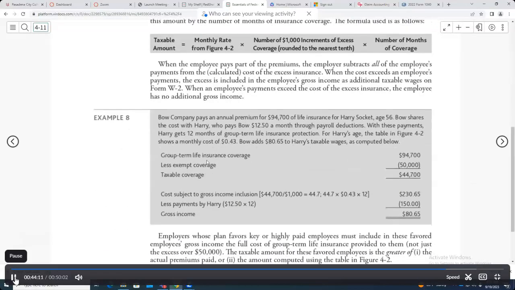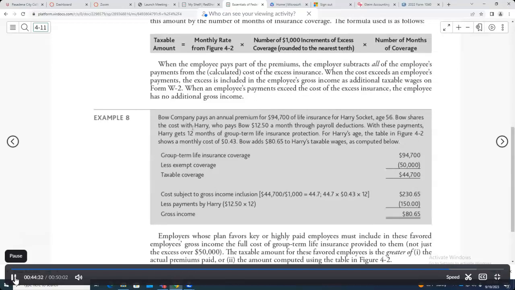So here's an example. Bow Company pays an annual premium for $94,700 of life insurance for Harry Socket, age 56. So $94,700 of life insurance for this employee.